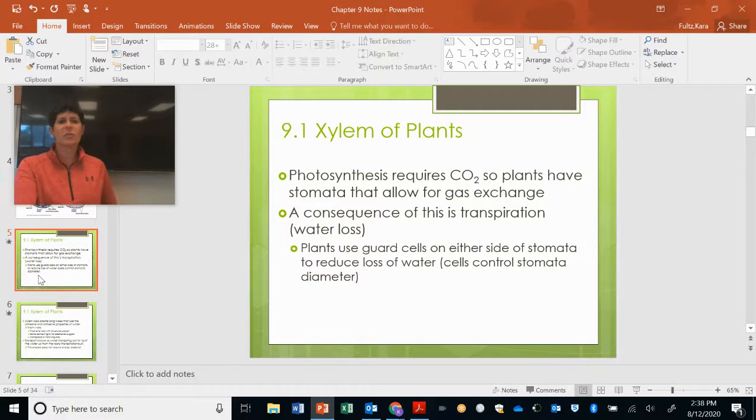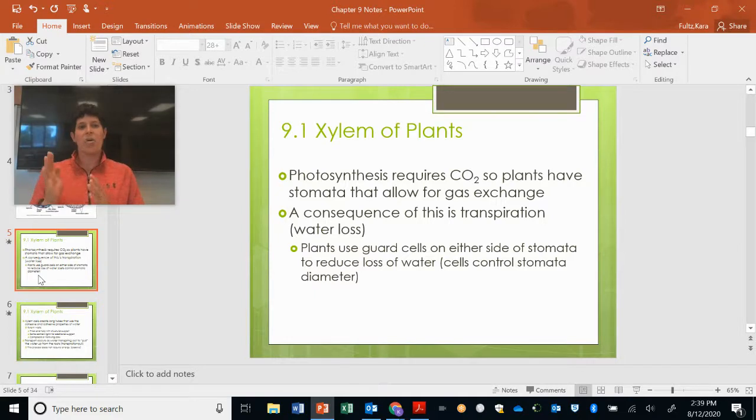Xylem is the first one we're going to talk about, and it is basically the water transport system in the plant. So in plants, water is sucked up through the roots and then it's sent to the leaves. And so the roots are the source of water and the sink, or the place it's ending up, is the leaves. And so how does that happen? Well, xylem cells are actually dead cells that have an attractive force between them and the water molecules themselves.